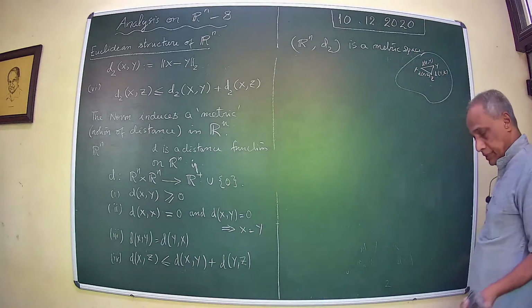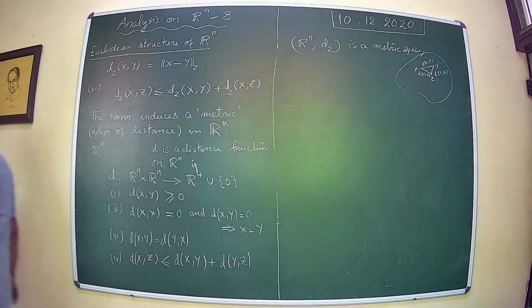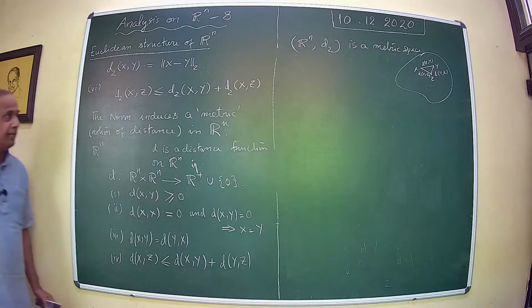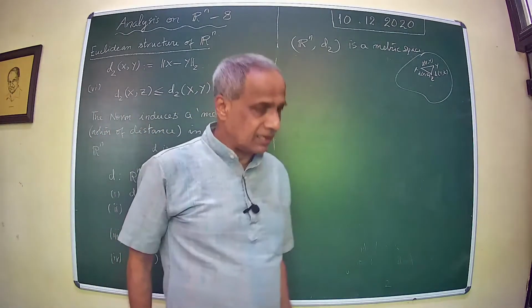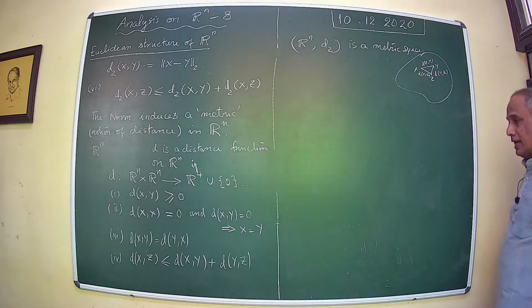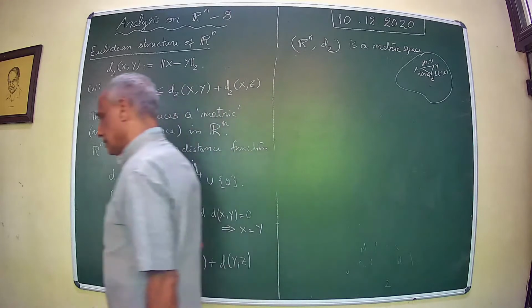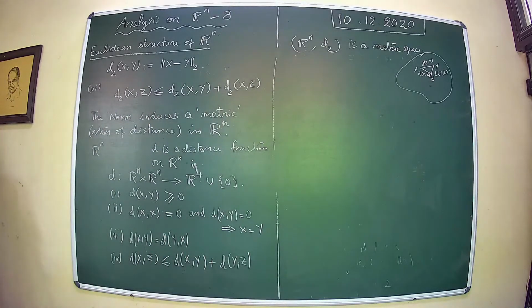Now there are exotic norms that you can introduce. There are exotic metrics that you can introduce on spaces, and it is not that every metric comes out of a norm.